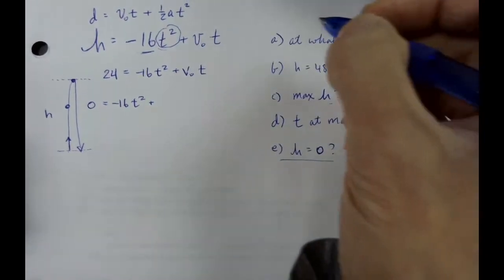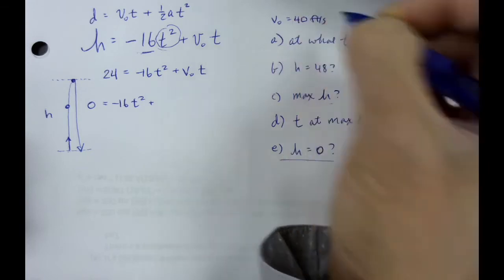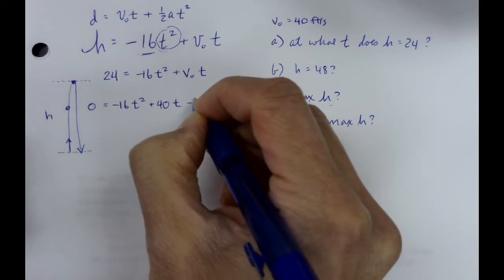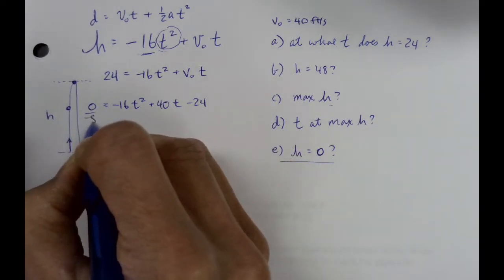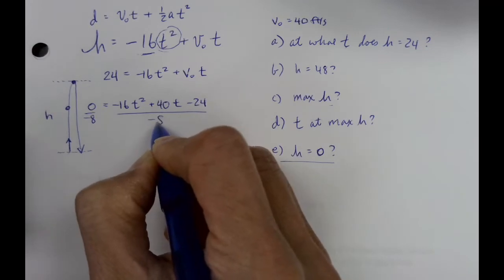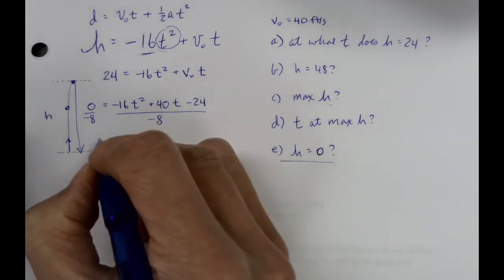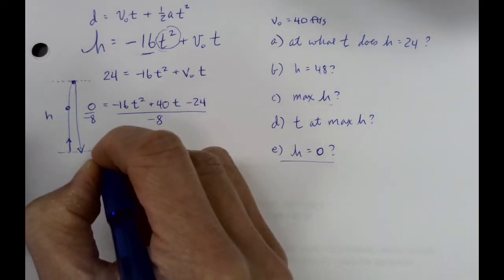I forgot to write over here, these assume that initial velocity is 40 feet per second. So that's 40t minus 24. Looks like we have a common factor of -8. So the nice thing about an equation, we don't even need to factor it out, we can just divide it out. And then I'll put the 0 on the other side.